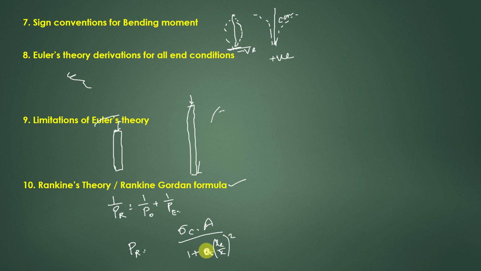Here small a and sigma C are known as Rankine's constants, and those values will be given according to the material. Just go through your notes and see what I have given to you.